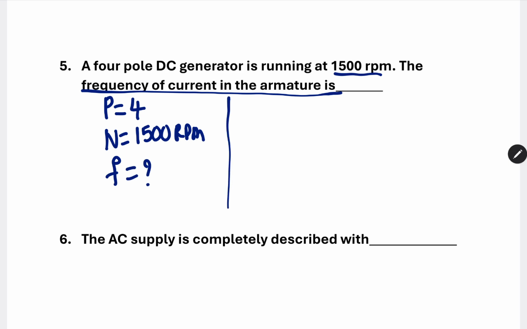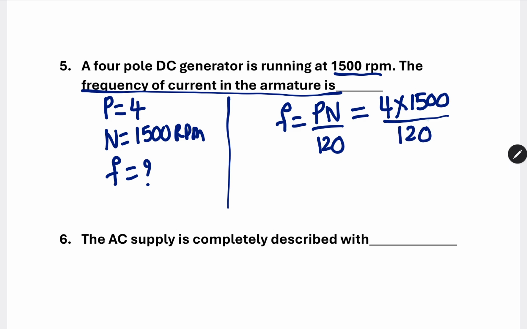The relation we know is F is equal to PN by 120. P is 4, N is 1500 RPM, divided by 120. Here the zeros cancel. 4 3s are 12, 3 5s are 15, and 0. So the frequency of the current in the armature F is equal to 50 Hz or 50 cycles per second.